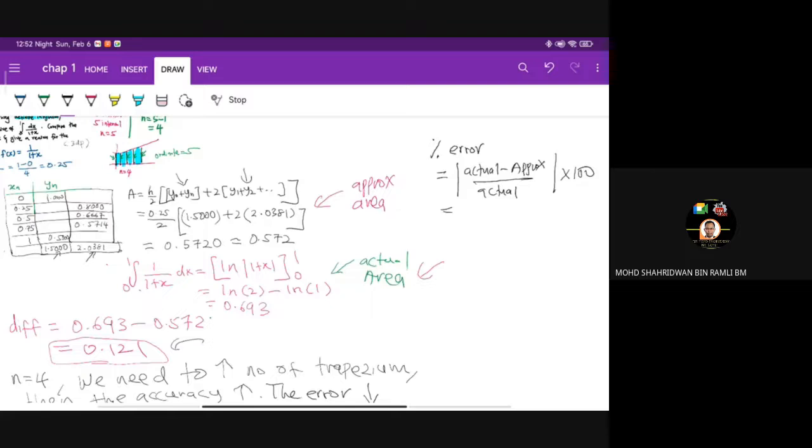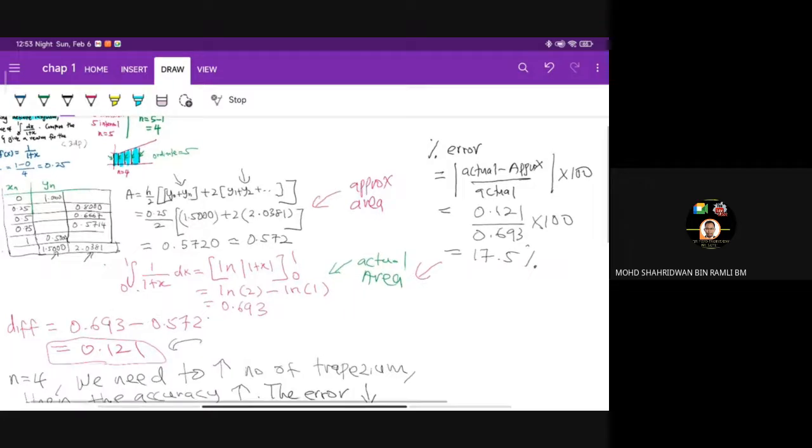So here you already have the difference, actual minus approximate, is 0.121, over actual, 0.693, and then times 100. So this is your percentage error, 0.121 over 0.693, times 100. So your percentage error here is 70.5%.